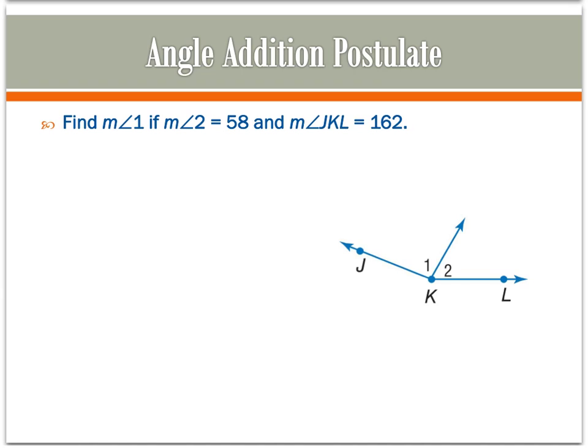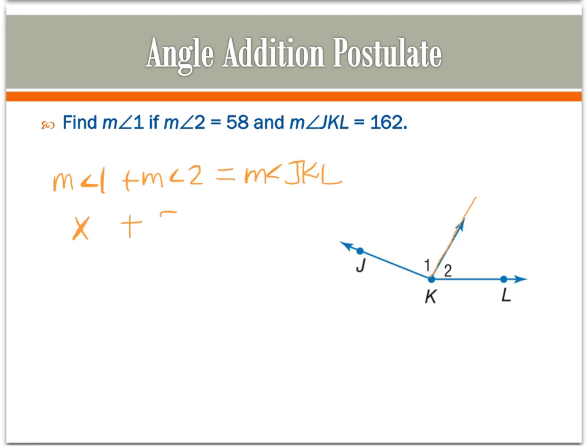Utilizing the angle addition postulate, just to show you how that works, what we're saying is that assuming this ray right here is in angle JKL, we know that the measurement of angle 1 plus the measurement of angle 2 is equal to the measurement of angle JKL. The measurement of angle 1 we don't know.